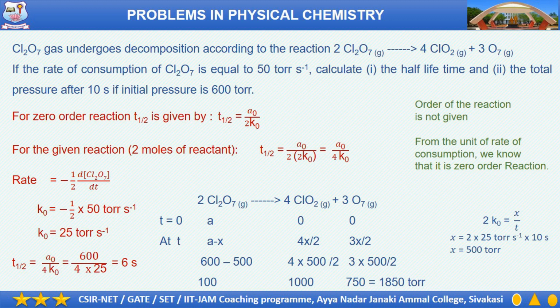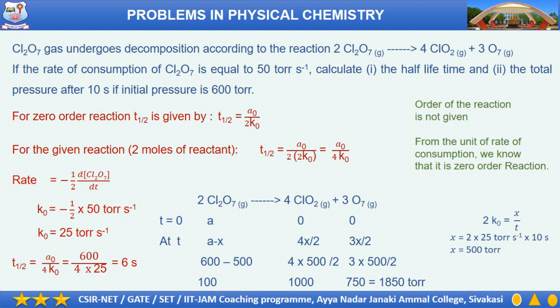Now, A0 is given, it is 600 torr. That is only due to the initial time. At zero time, only Cl2O7 would be present. Therefore, the initial pressure is due to this. Therefore, we take the 600 torr as equivalent to the concentration. Therefore, A0 is arrived at. Now, we are in need of K0. Instead of K0, what is given? 50 torr per second, the rate of consumption, is given.